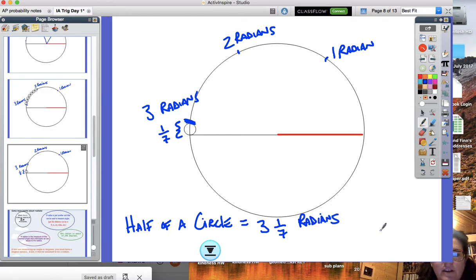Now, if you have your calculator, type in 1/7. 1/7 is 0.14... So this is 3.14 radians. Half of a circle is 3.14 radians. Now, hopefully you recognize 3.14 as a special number. That is the same thing as pi.